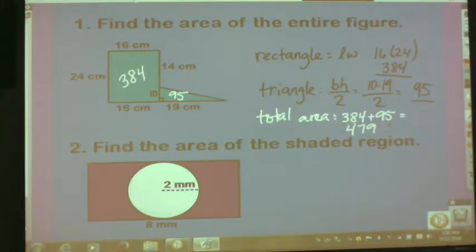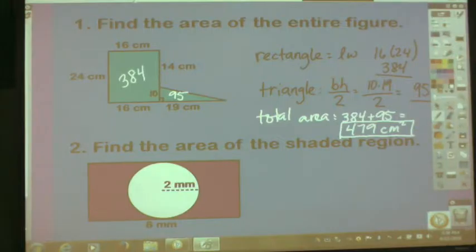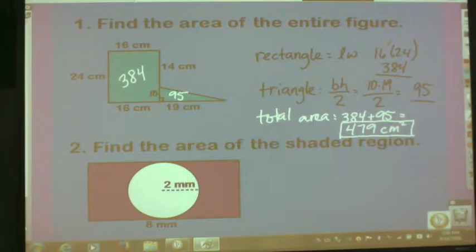Don't forget about your units. It's centimeters squared. Area is always measured in units squared. So that's how you would find the area of that figure.